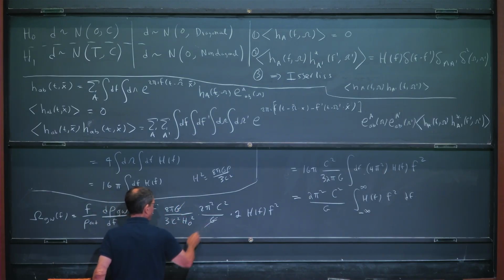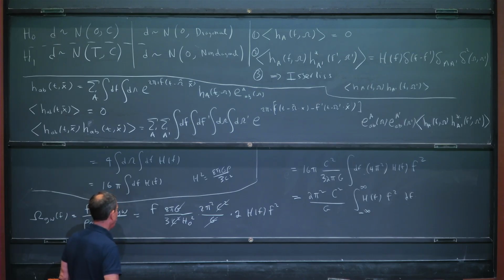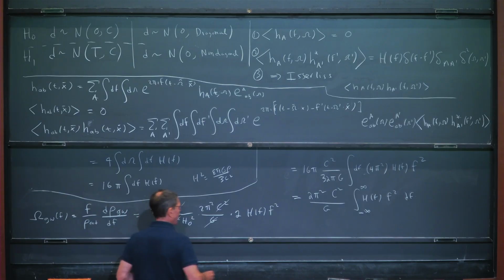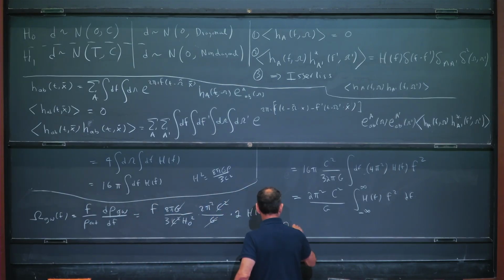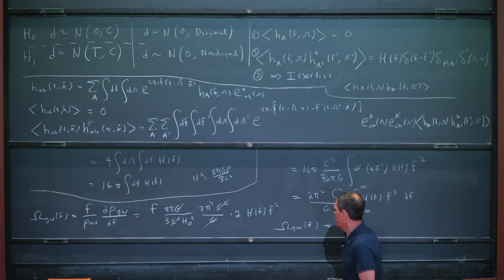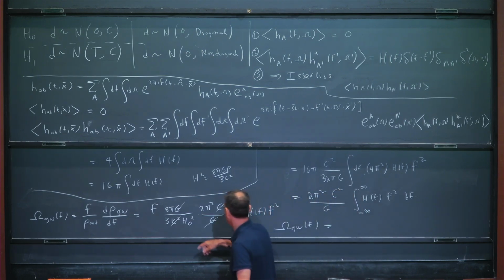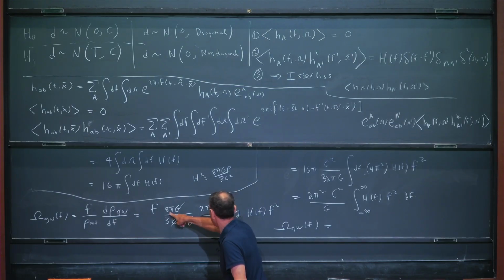The G's go, the c's go, and we get, at the end of the day, omega GW of f equals, let's see, there's an 8, 16, 32 thirds.